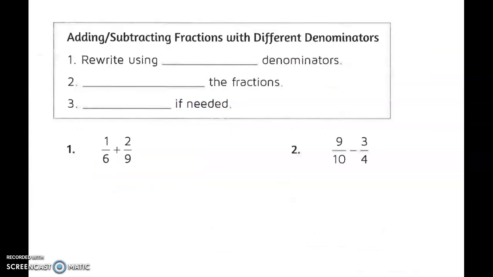Okay, so our rules for adding and subtracting fractions with different denominators. What we're going to do is rewrite using common denominators. From there, all we're going to do is either add or subtract.